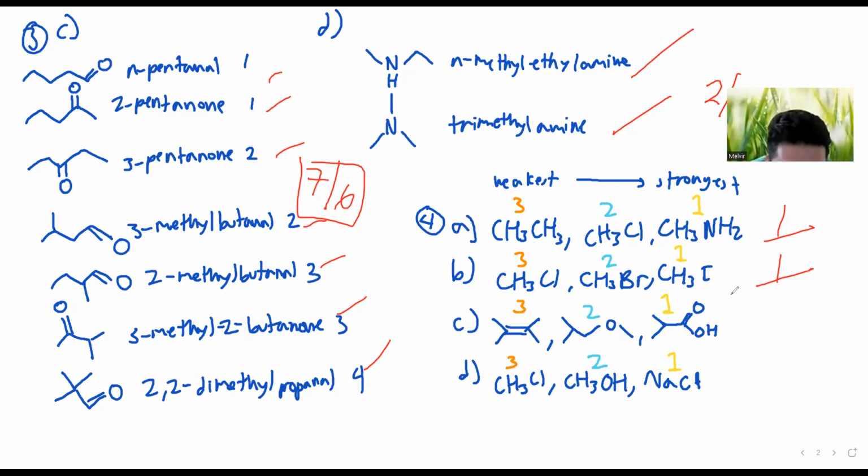More polar, polarizability. Yeah, polarizability. So because iodine is more polarizable, it's larger, it will have a higher IMFA.